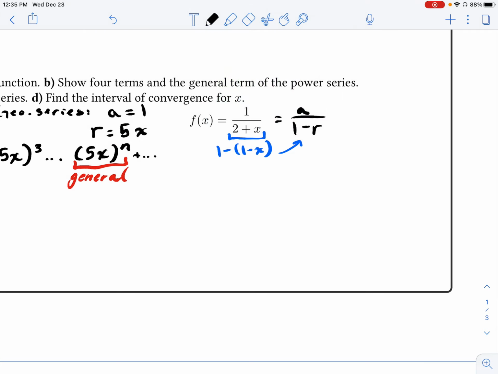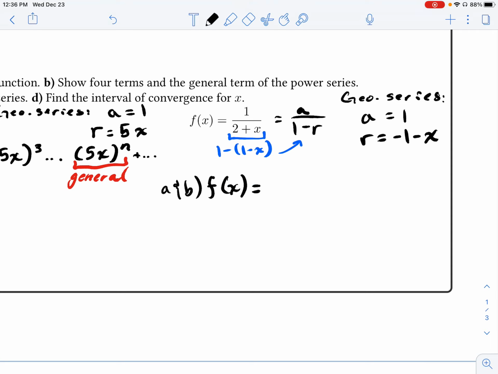That's what allows us to write this in this form here. So we can say this is a geometric series where our first term a is equal to 1, and our common ratio is negative (1 minus x)... writing this here, let's make this our a and b. f of x is equal to, let's write the first 4 terms: 1 plus (negative 1 minus x) plus (negative 1 minus x) squared plus (negative 1 minus x) cubed.